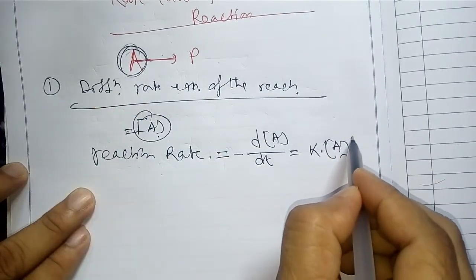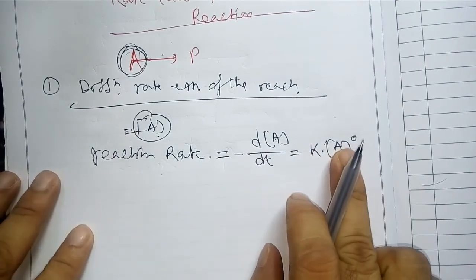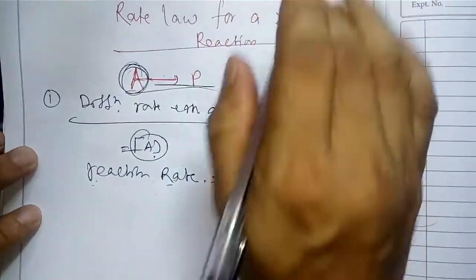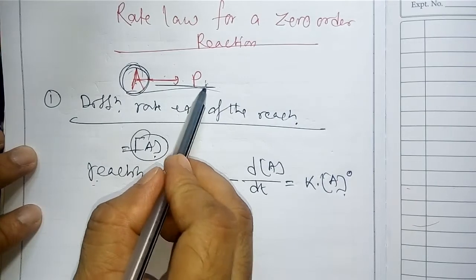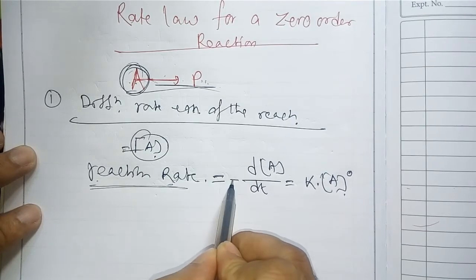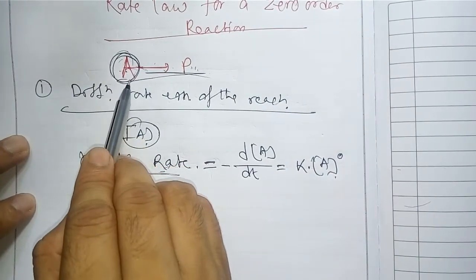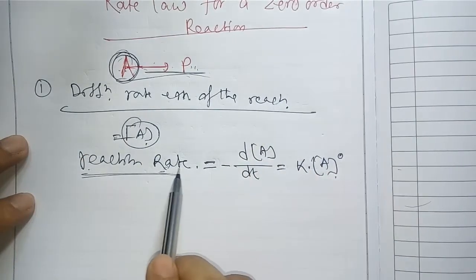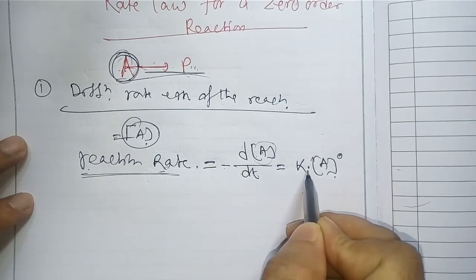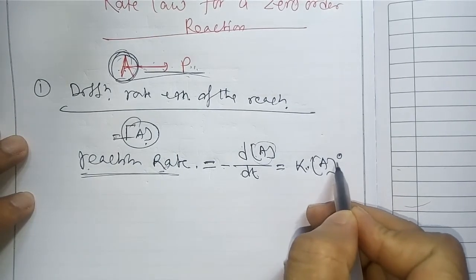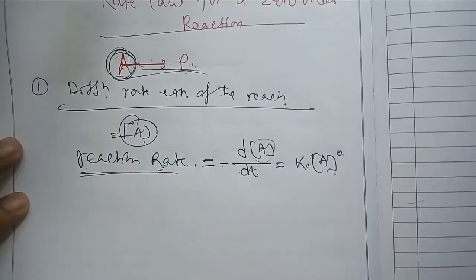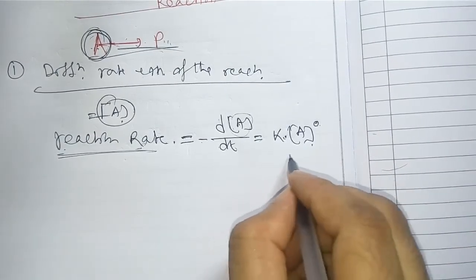This is a zero order reaction, that's why the power is 0. So for A to P, what is the rate? Reaction rate equals minus d/dt of concentration of A, and why minus? Because on this side the concentration decreases and on the other side it increases. So minus d/dt of concentration of A equals K times concentration of A to the power 0, because this is a zero order reaction.